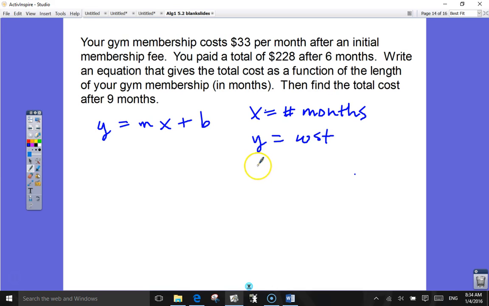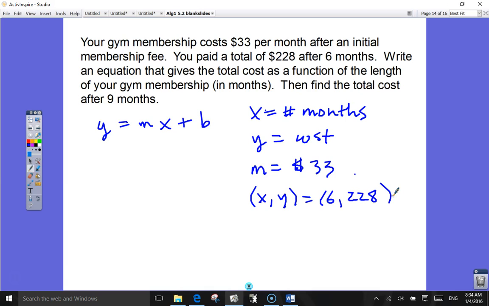In this case, the m is $33, and we know 1 point, which is xy equals 6, 228. So what do we need to find out? We need to find out the b. How do you find out the b when you know the slope and 1 point?